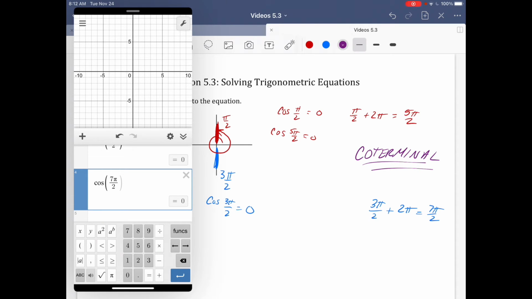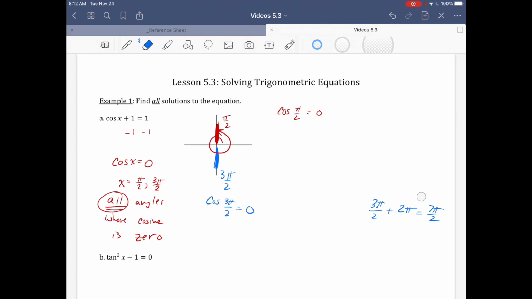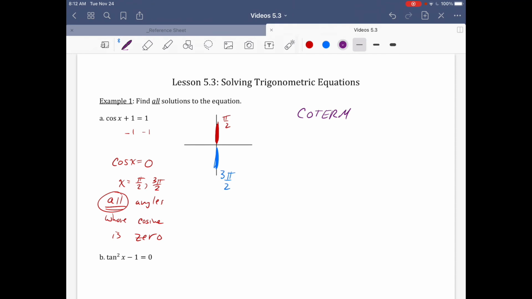So all coterminal angles have the same sines, cosines, tangents, etc. So anytime you see coterminal, or anytime you see the phrase get all of the solutions, you are going to need to consider your coterminal angles. Okay, so now that we've talked about that, let's look at it a little more practically speaking. So we're here, and we're at these two angles. In practicality, remember, we need to consider all the coterminal angles.